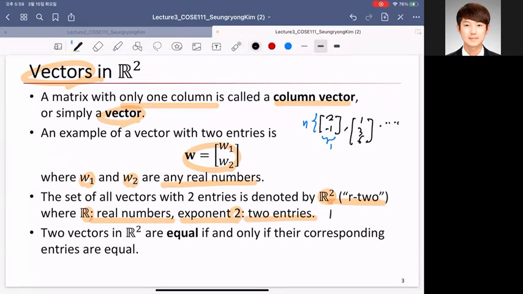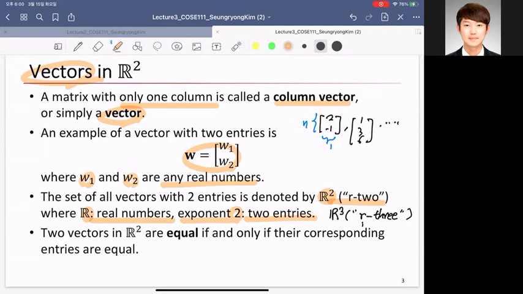If I write R3 like this, it means our vector has 3 elements. 쉽죠? 뭐 설명할 필요 없죠, 이거.